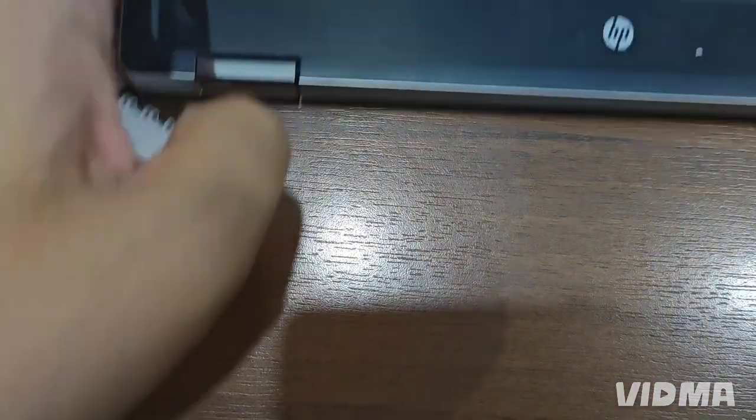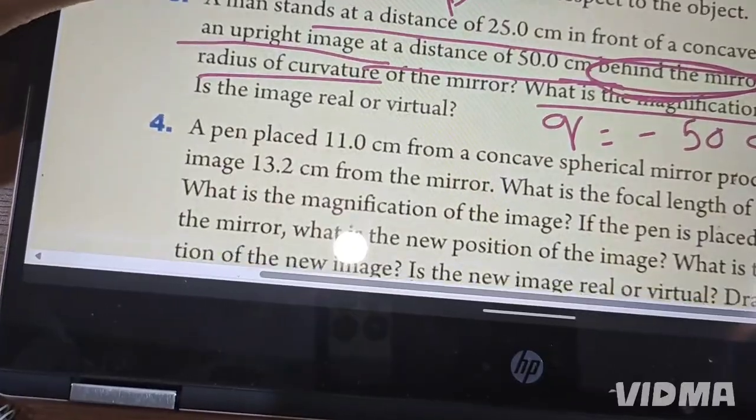Now we are solving the last example finally about this section.